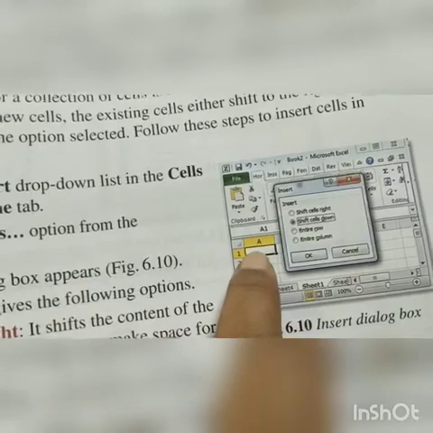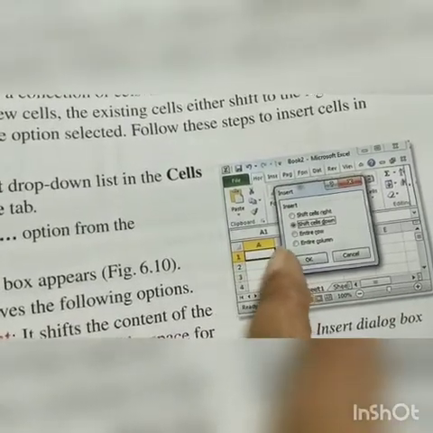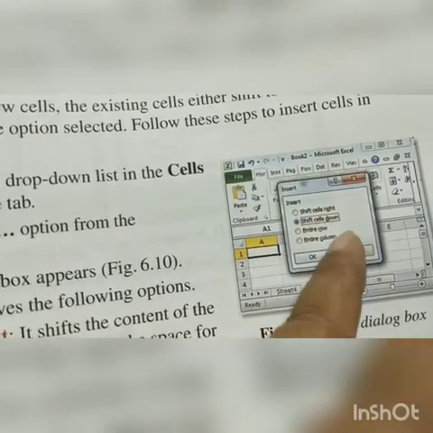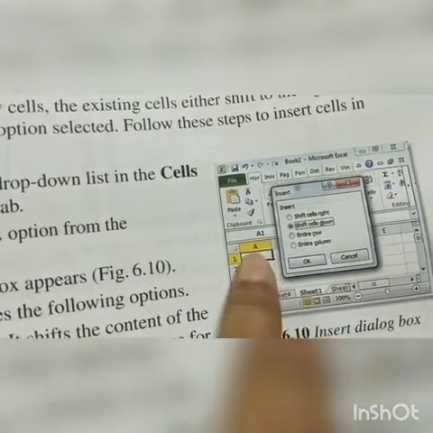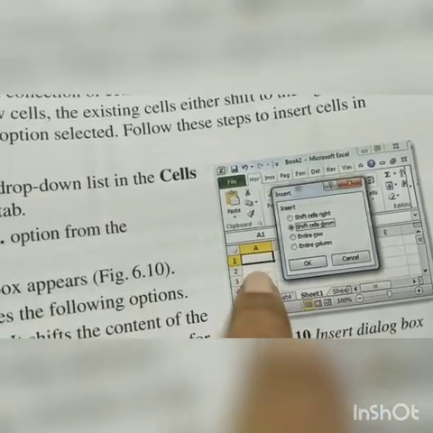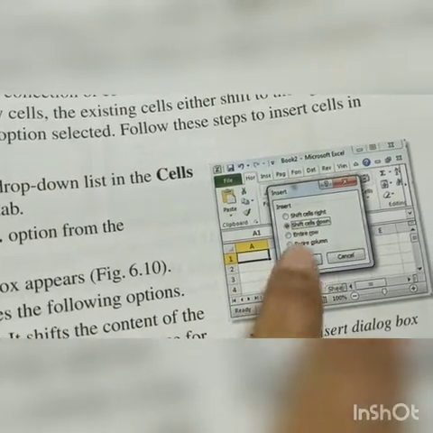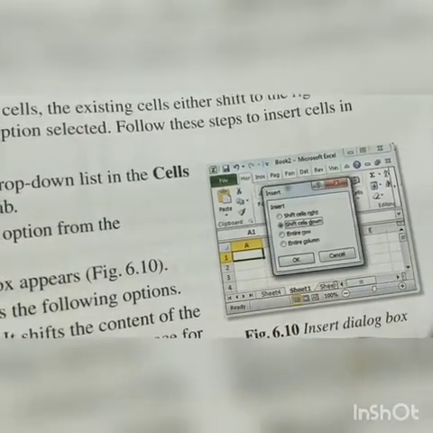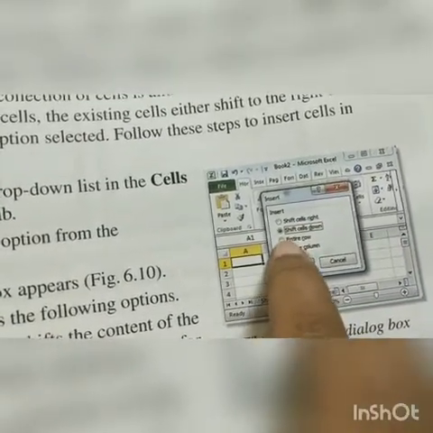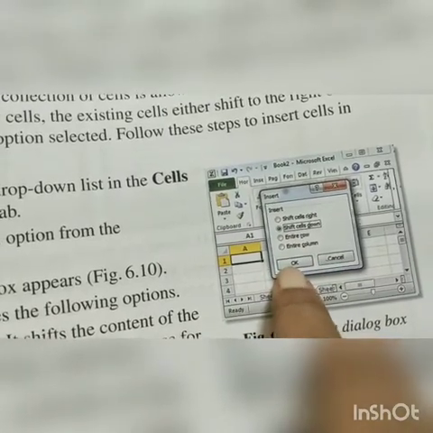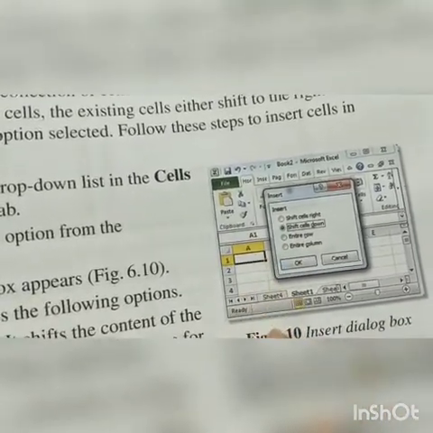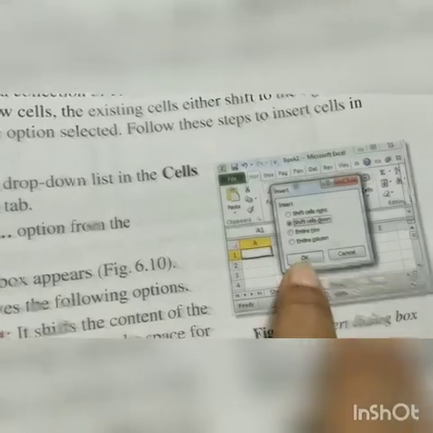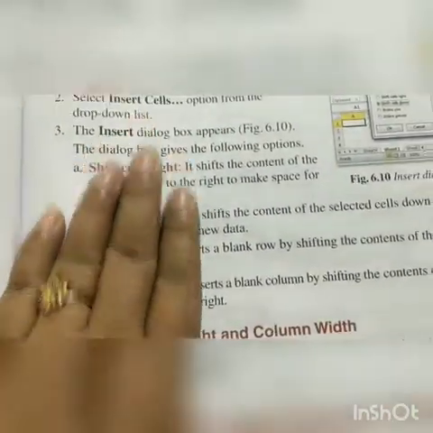Suppose you have this one cell and want one more cell on the right side, then click Shift cells right. If you want one more cell down, then Shift cells down, then OK. If you want an entire row, select this and click OK. If you want an entire column, select this and click OK.